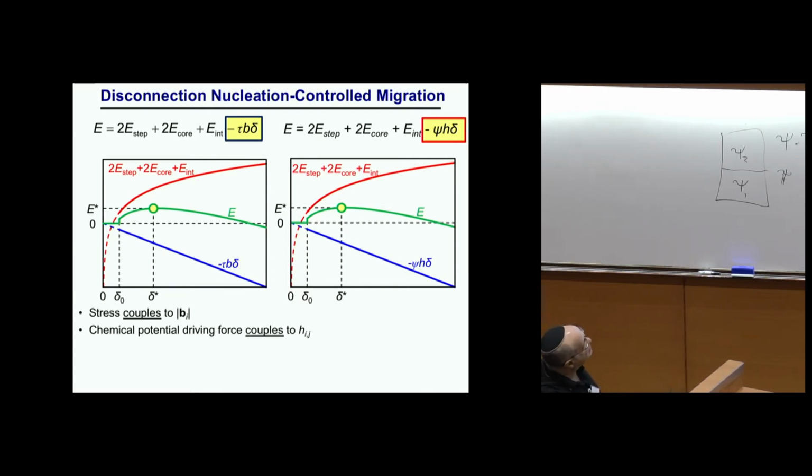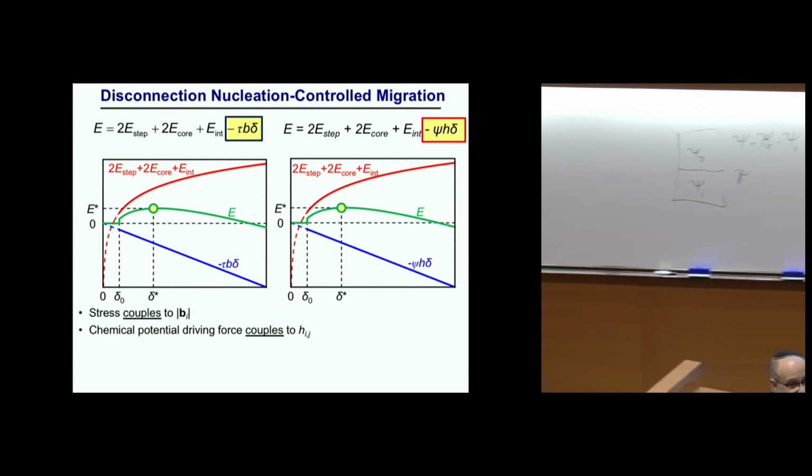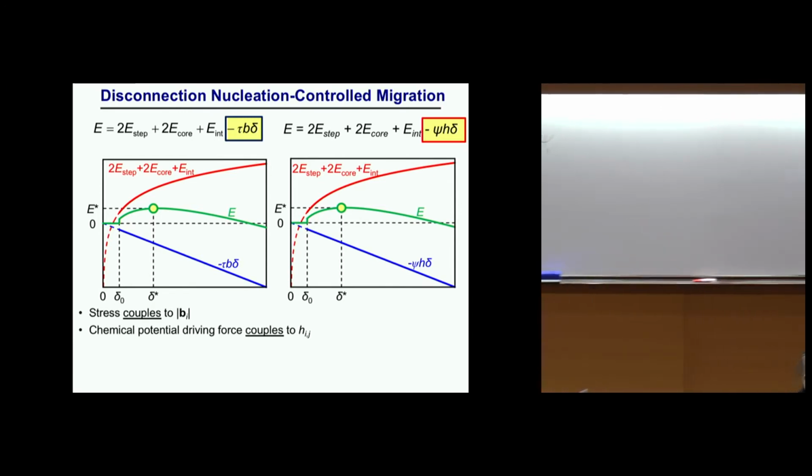And you get the same sort of picture in both cases. But note the chemical potential couples to the step height. The stress couples to the Burgers vector. So depending on how I drive the motion, in some cases it's the step height that matters, in some cases it's the Burgers vector that matters.